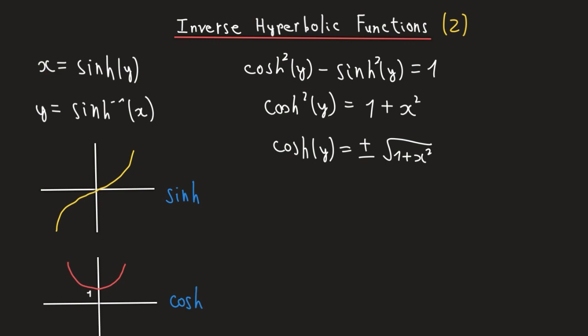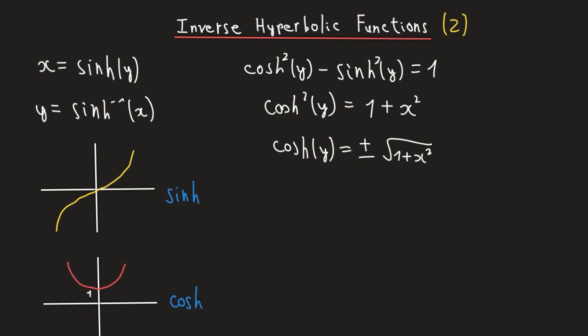Now I would like to discuss some areas of precaution here, because if we remember the graph of the sinh function, we note that if x equals sinh of y, the graph of the function goes from negative infinity to infinity, and therefore x belongs to the real number line. Therefore, the domain of the inverse hyperbolic sine of x goes from negative infinity to plus infinity, and there aren't any issues here.